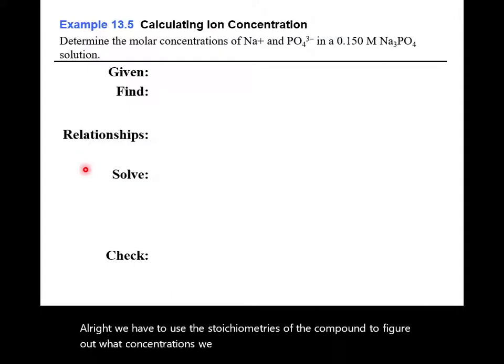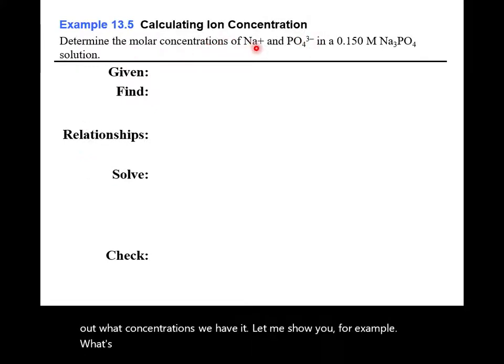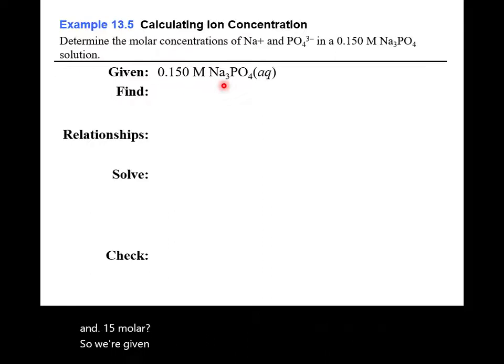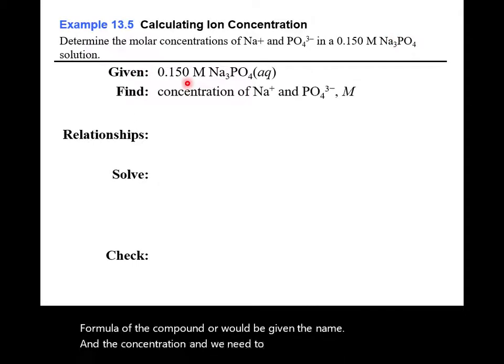Okay, let me show you. For an example, what's the molar concentration of the ions from sodium phosphate at 0.15 molar? So we're given the formula of the compound, or we can be given the name and the concentration, and we need to find the concentration of the individual ions.